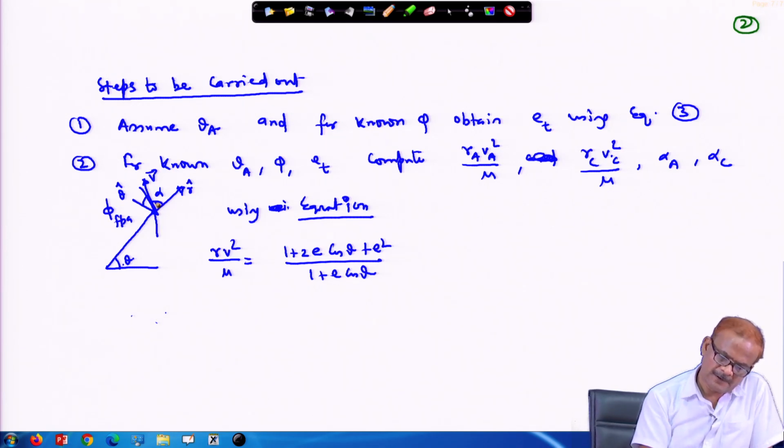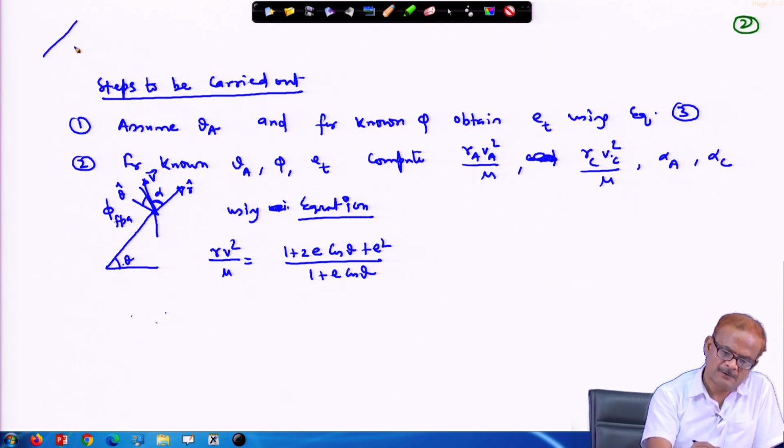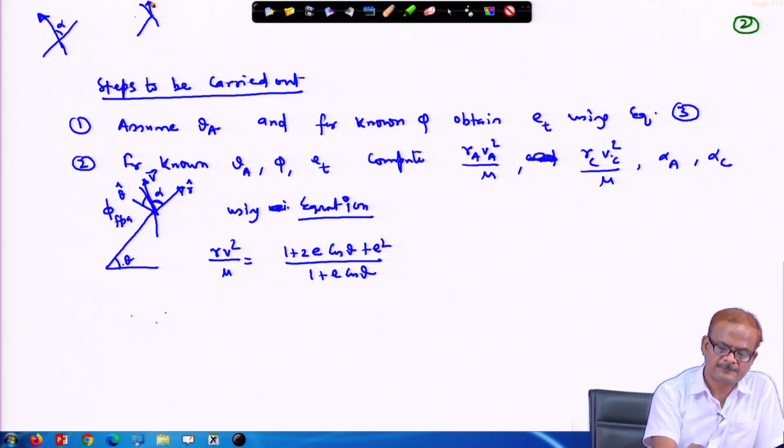See, alpha I have written from this point, somewhere it may be also, if this is the v direction, I have written alpha from here. Alpha can be, okay, let me draw it a little properly. So, this is the v direction, this I have shown as alpha, but alpha can be measured from the horizontal also.